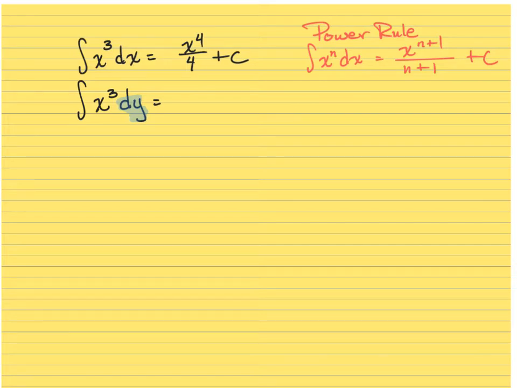This is not something we get into a lot in first semester calculus or even second semester calculus, but the dy tells you what to treat as variables. And so in this case, it's saying y is your variable of integration. Anything else you just treat as a constant. So we would treat the x cubed as just a constant term, and so the integral here would just be x cubed y plus c.